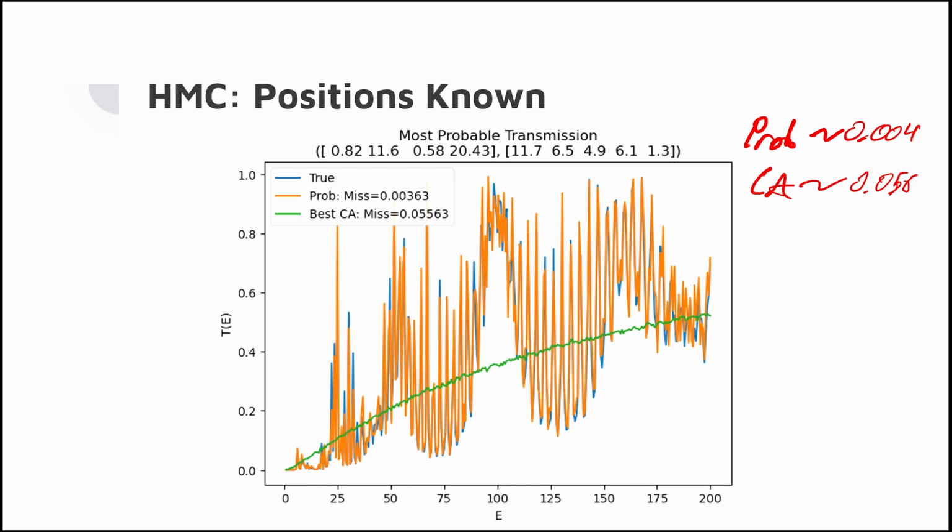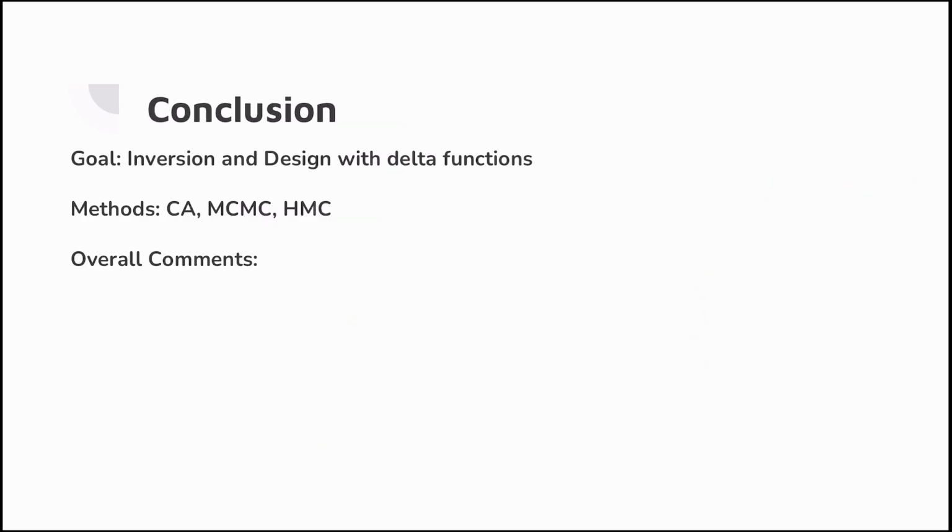That's again going to scale terribly with dimensionality. If we want to use this method, we would want to be using a supercomputer to distribute our calculations. We can then conclude this talk with just a quick look at what we've gone over.